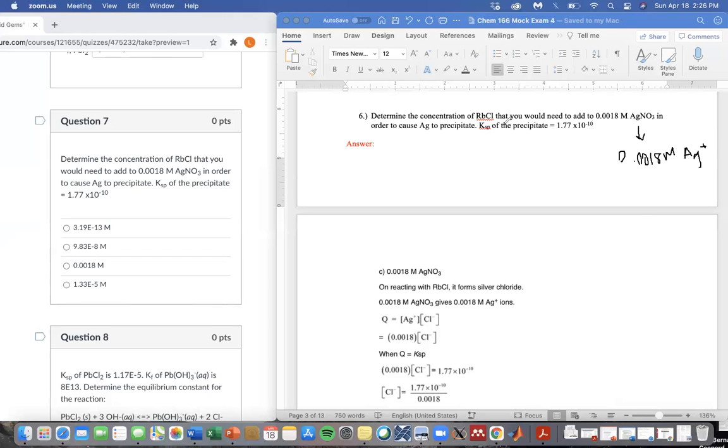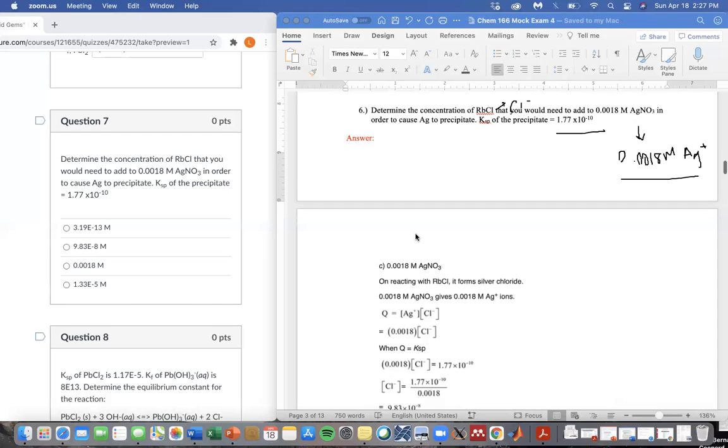And you're trying to figure out how much RbCl, which is only going to produce 1 mole of Cl minus, because you're forming AgCl. Whatever concentration you add is going to add the same molar amount of Cl minus. So it's really asking how much Cl minus do you need, if you have this concentration of Ag plus, in order to reach this KSP value.